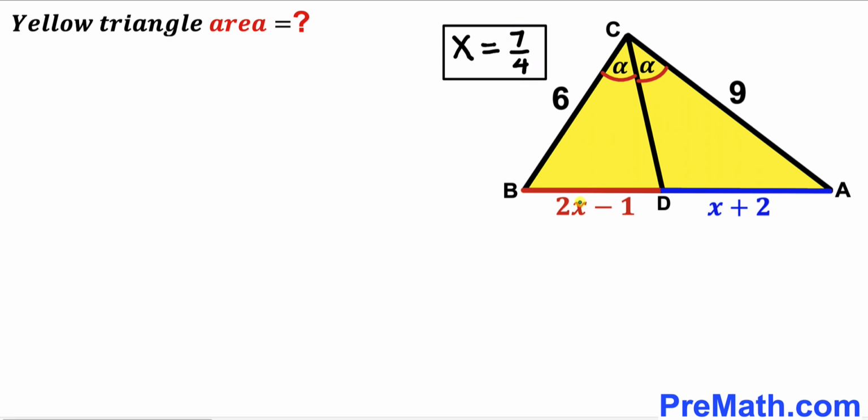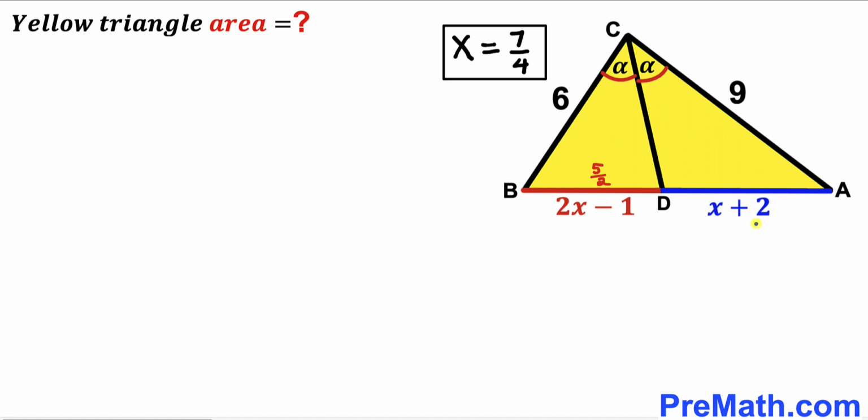And we are going to substitute this x value over here, 7 divided by 4. If we simplify everything, our BD length turns out to be 5 divided by 2. I am going to substitute the x value as 7 divided by 4 over here as well.